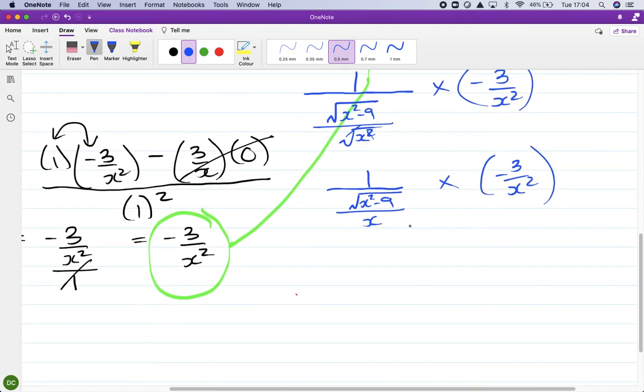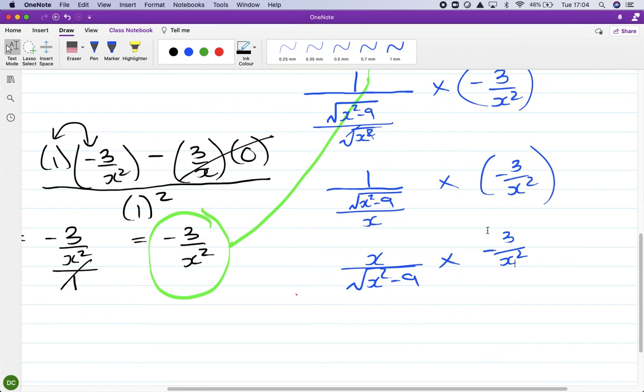Here, you're dividing by a fraction, so I'm going to flip and multiply, so that will become x over the square root of x squared minus 9, multiplied by minus 3 over x squared.